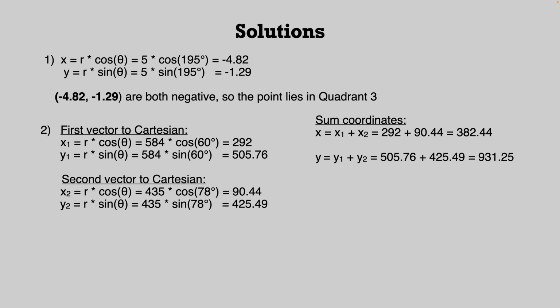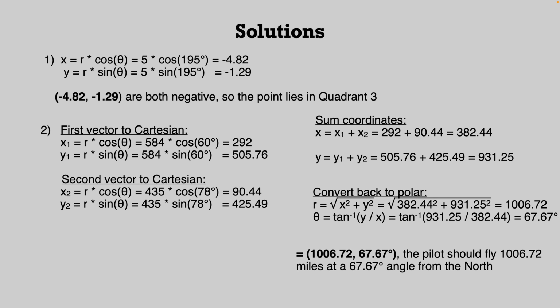And then the next step would be to sum the coordinates of the vectors. So we have the x coordinates of each vector and the y coordinates of each vector. That's giving us our resultant vector, or coordinates that will become our vector.